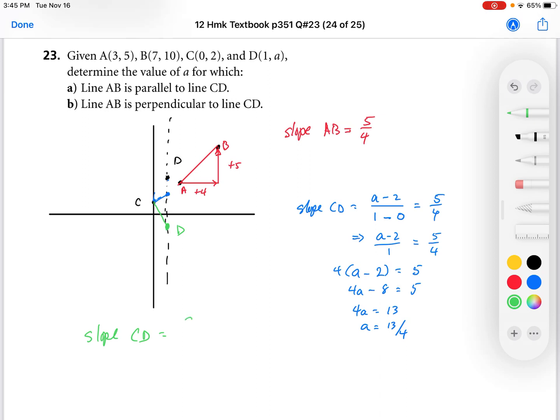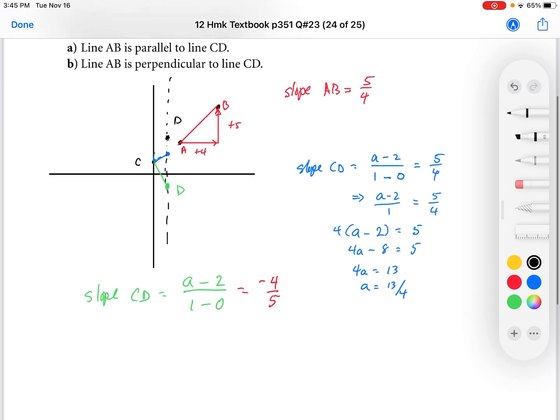C to D is going to be the rise A minus 2 over the run of 1 minus 0. But now I'm going to make this slope equal to the perpendicular slope, which is the negative reciprocal of the slope of AB.